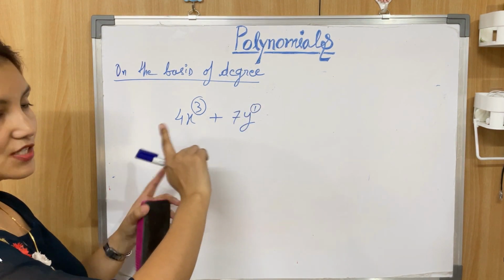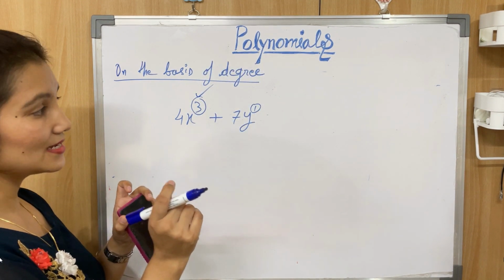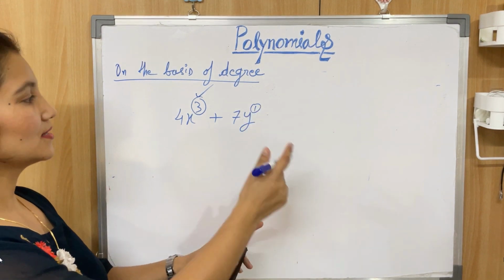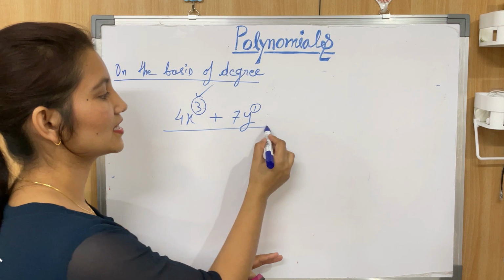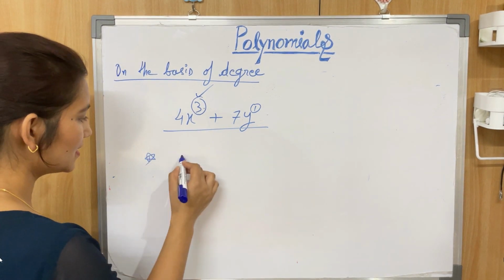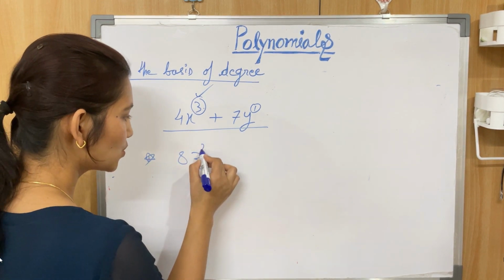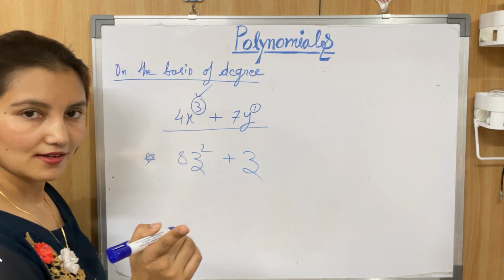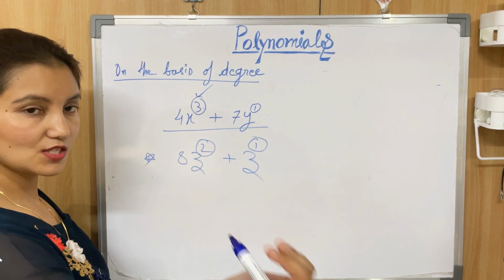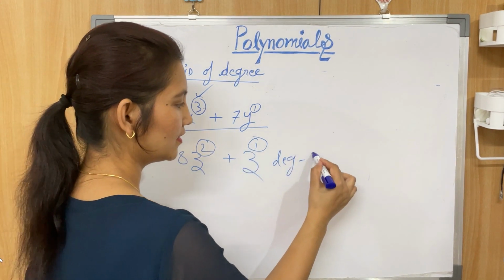So what is the highest power? Obviously 3. Degree is the highest power of a variable in an expression, which means 3 is the degree of this expression. Clear? Now if I ask you what will be the degree of 8z square plus z? The power is 2, the power is 1, the highest power is 2, so the degree is 2.